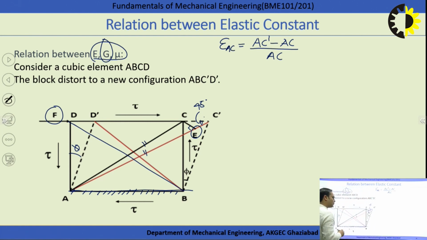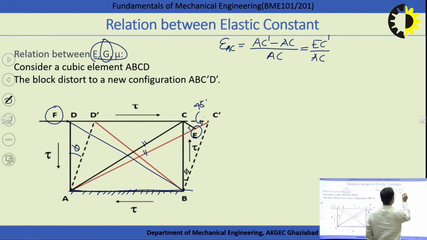So what we can write is AC dash minus AC. From this geometry, because we have drawn this perpendicular, AC becomes AE. So we can write it as EC dash over AC. What is this EC dash?